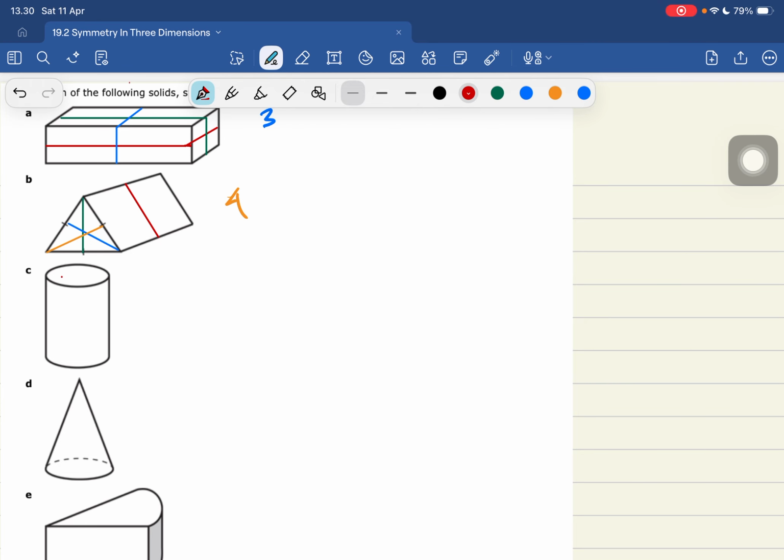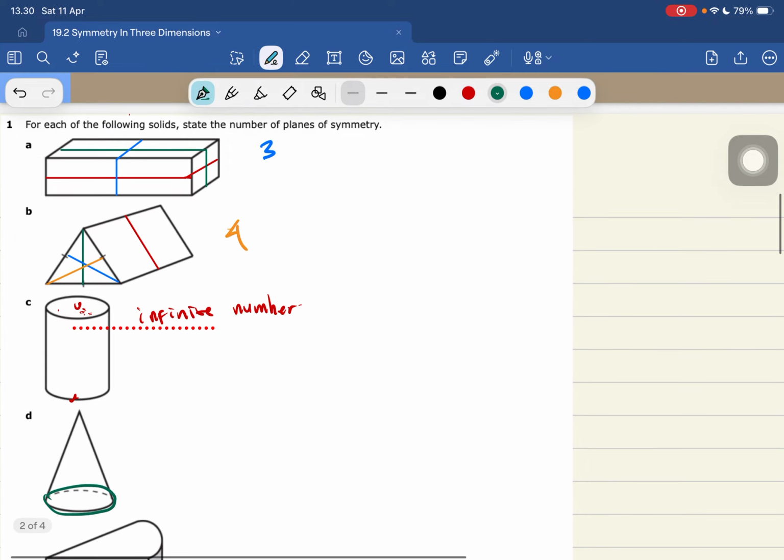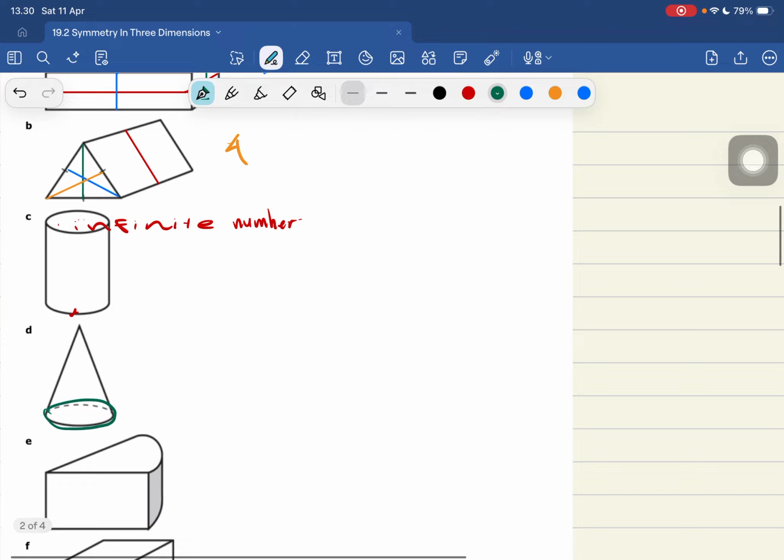Since the base is a circle, it's going to be an infinite number. Also for D, as this involves a circle, let me write infinite. It's also going to be an infinite number.